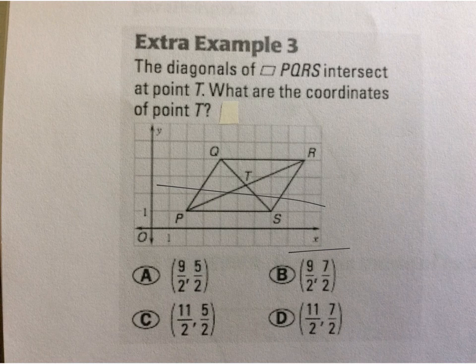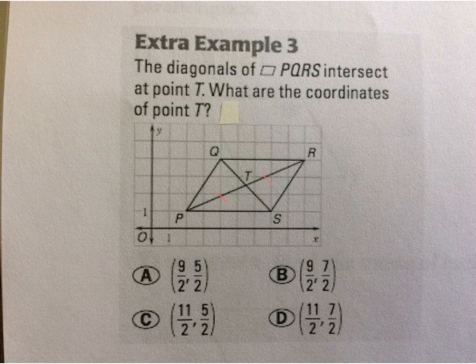The diagonals intersect. Let me just erase these lines I got on there. Diagonals intersect at point T. What are the coordinates of point T? We know they bisect each other.